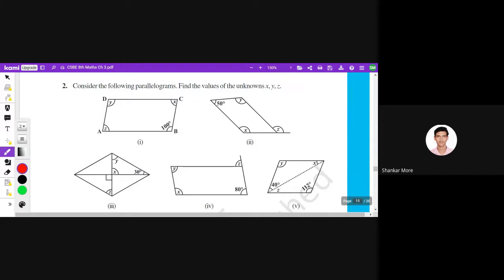So the value of z is 130. If z is 130, then what is the value of x? It's again 130. If the value of x is 130, then what is the value of y? 130 itself. So write in the chat box, x is equal to y is equal to z is equal to 130.